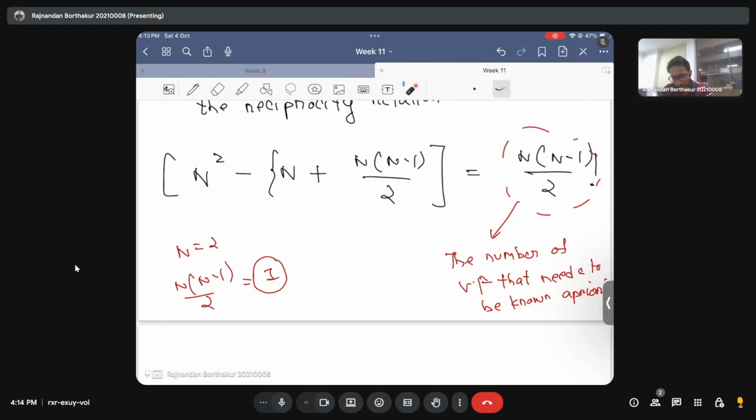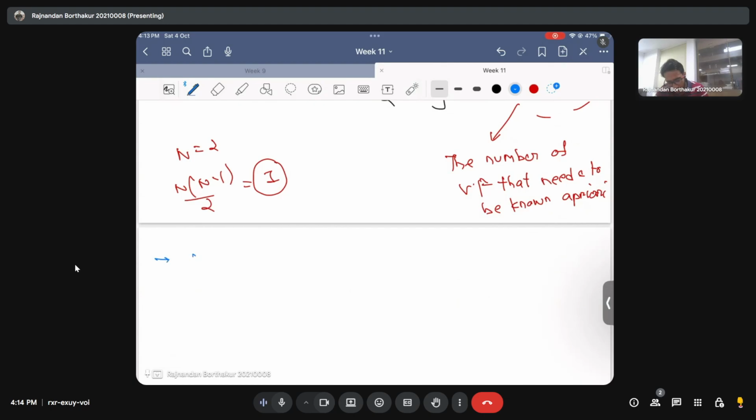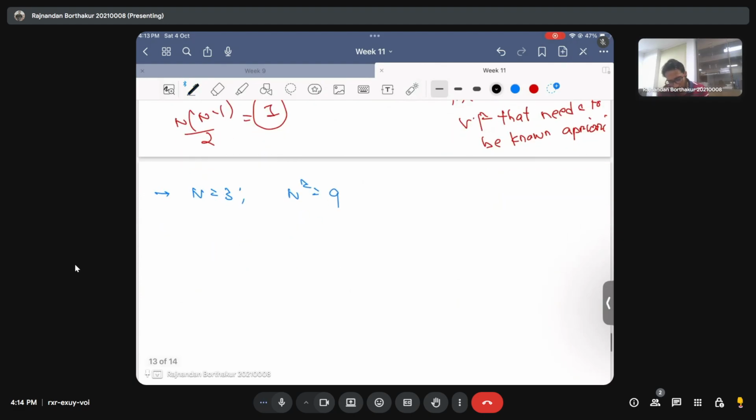Okay. If you do the similar analogy, if you pick n to be equal to 3, which means n square is going to be equal to 9, which means that the view factor matrix is going to be f11, f12, f13, f21, f22, f23, f31, f32, f33.